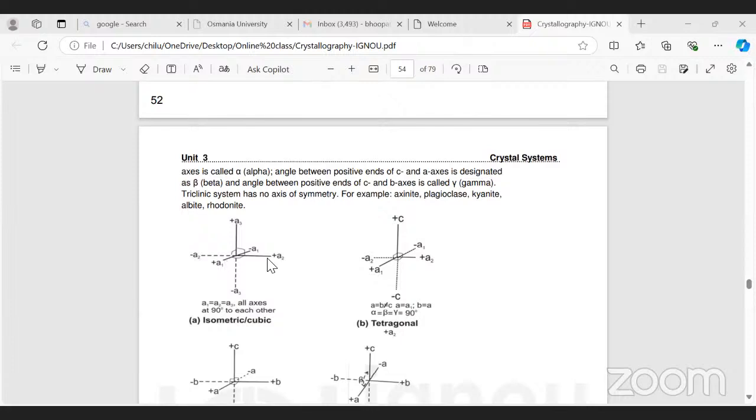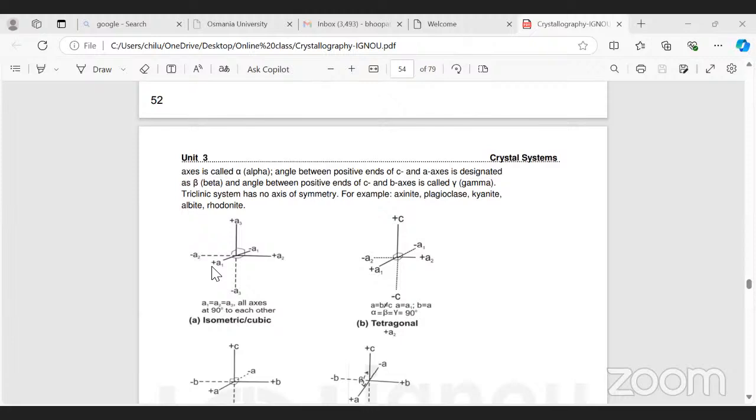The angle between the axes is 90 degrees, and the axis lengths are equal. That is the reason we show it as A is equal to B is equal to C, and all these intersect at the same angle, 90 degrees, so alpha, beta, gamma are equal to 90 degrees.